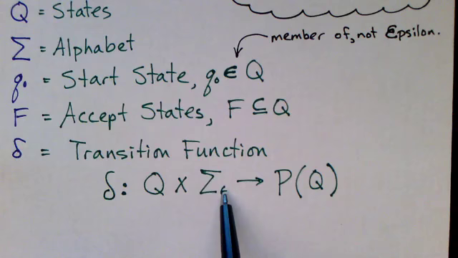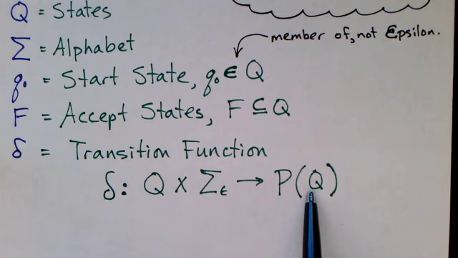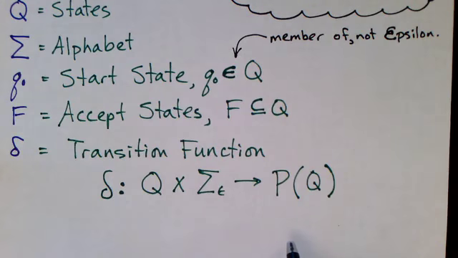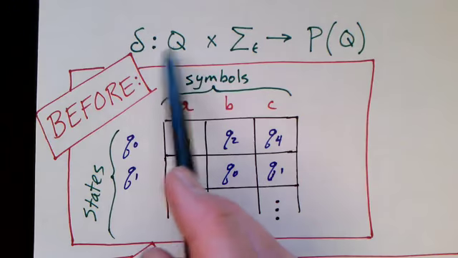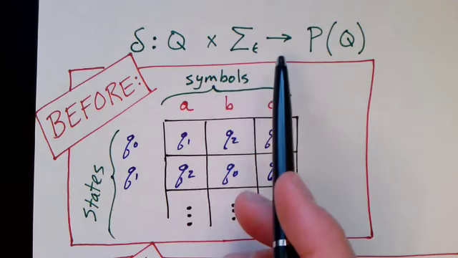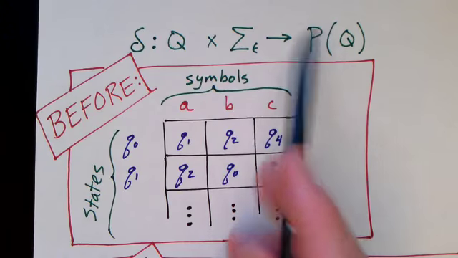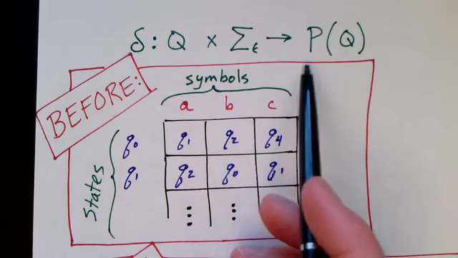And also, because the epsilon is added to this, if we're in a state and we see an epsilon, this function will tell us which set of states we could go to next. Let's examine this transition function again a little bit more carefully and see how this power set thing works. Remember before when we were talking about deterministic machines, we represented our transition function with a table.